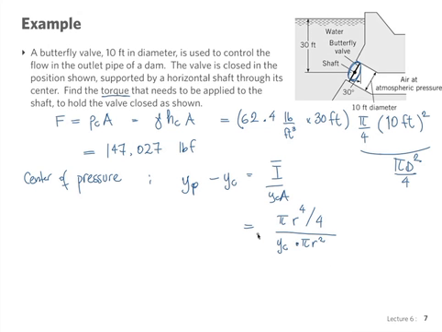I use r here so that I can cancel the r's from the top. And basically I can calculate this now. The pi goes away, r squared goes away, and so the radius is 5 feet squared, divided by 4, that remains divided by 4, and yc is 30 feet.